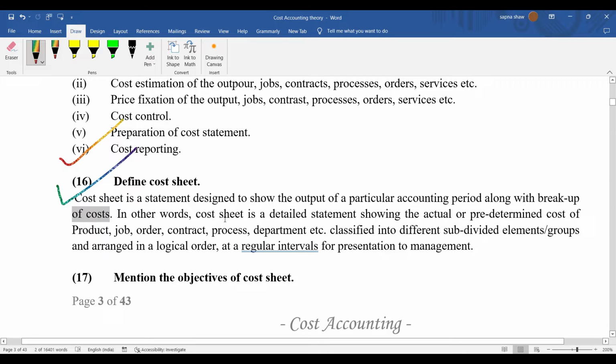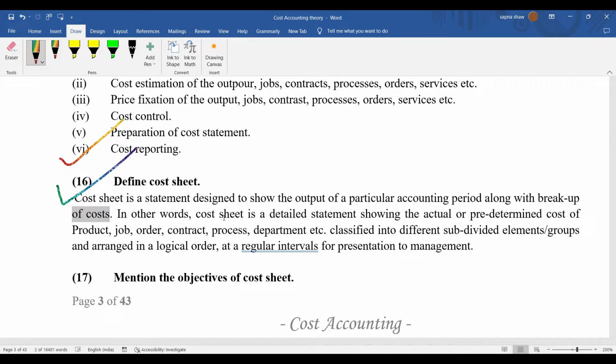In other words, a cost sheet is a statement in which we ascertain the cost, and also calculate the profit and the selling price of the product, with different breakups. We get the information of how much is the direct cost, how much is the indirect cost, and how much we have spent on selling and administrative overhead.